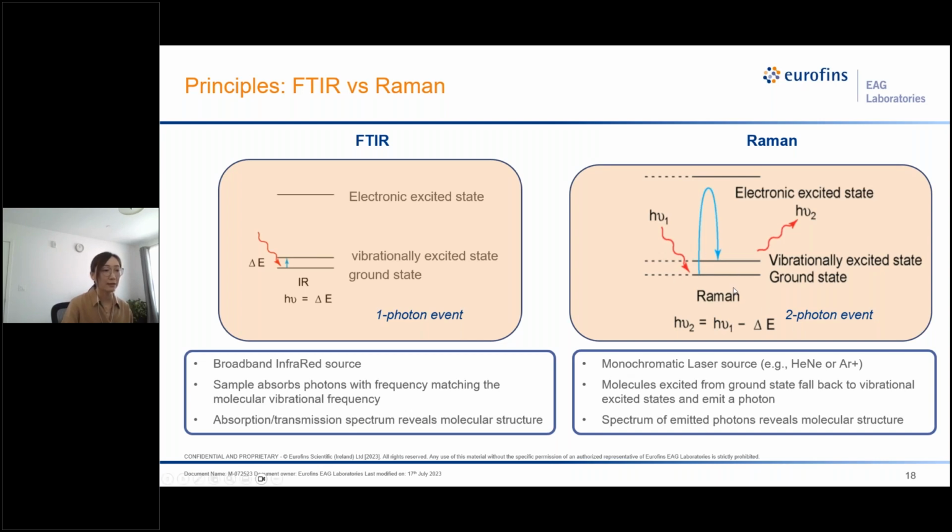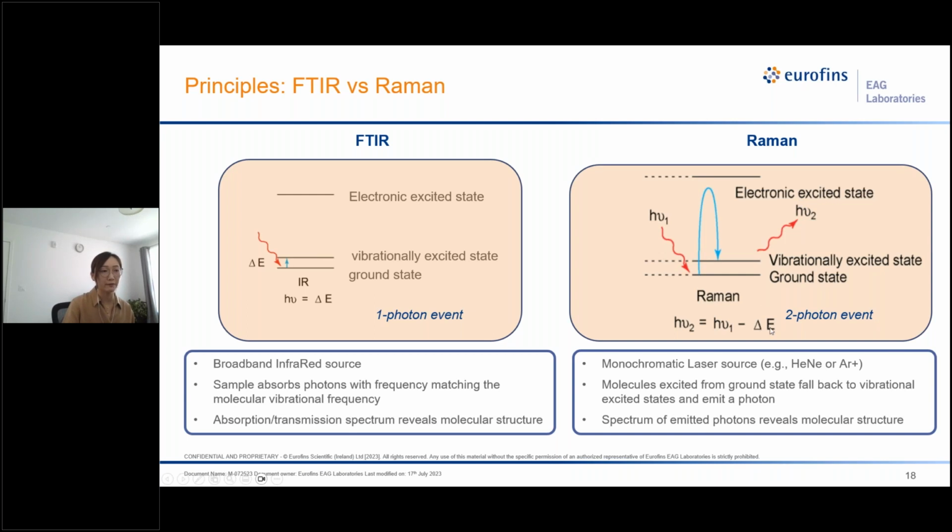In Raman analysis, it is quite different in that a monochromatic laser is utilized as the excitation source. The laser has much higher energy compared to the infrared light. So after absorption of the photon, the molecule gets excited to a high energy state, which is quite unstable. A small portion of the molecules from this high energy state would lose energy and fall back down to a vibrationally excited state through the emission of a photon with different energy compared to the incident photon.